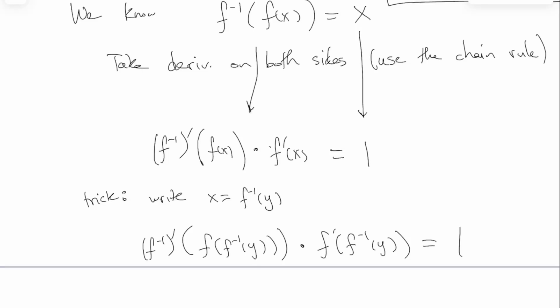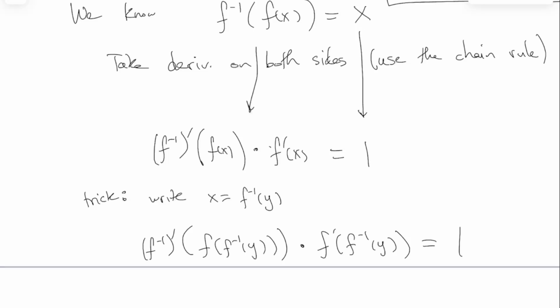Anybody see something that can be simplified here? There is actually part of this which we can simplify now. It's a little nasty looking right now, but it's going to get a little better.